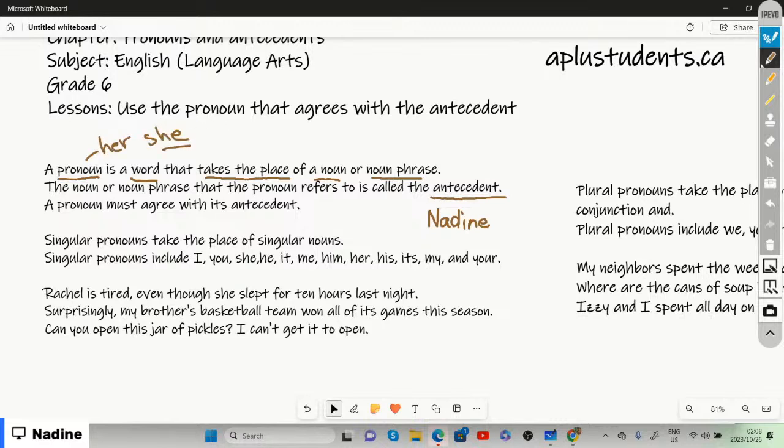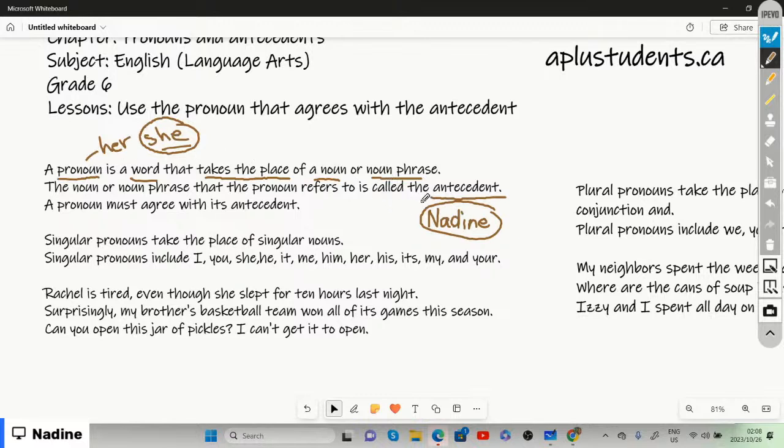She is teaching now. So who's teaching? Nadine is giving a lesson. She is giving a lesson, right? So she is the pronoun and the antecedent is Nadine.